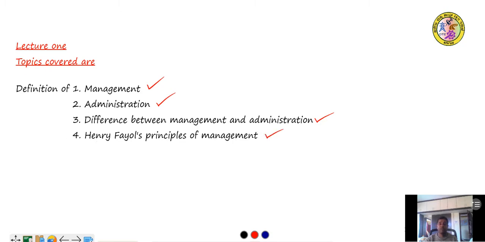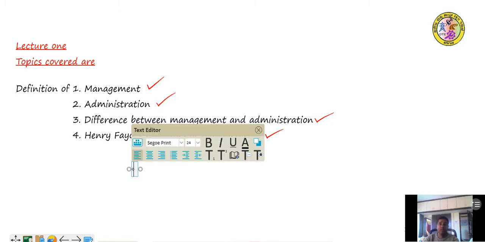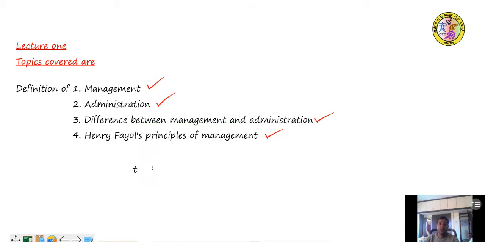Henry Fayol is one of the scientists who proposed the theory of management. He proposed 14 principles, and those principles we are going to study in today's class.